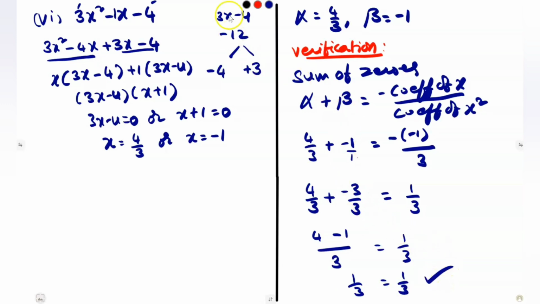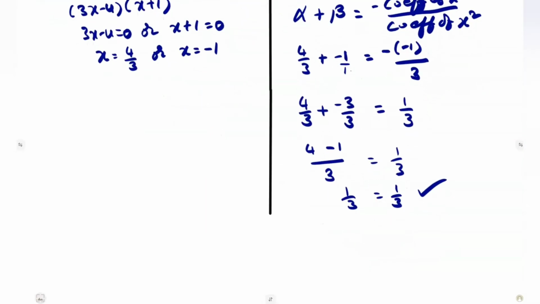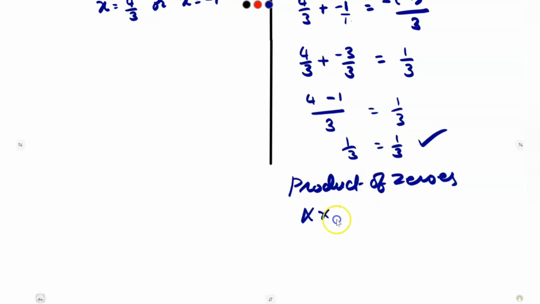Now let us do the product of the zeros. Alpha into beta is equal to the constant term by the coefficient of x square. Here alpha and beta are 4 by 3 and minus 1, right?